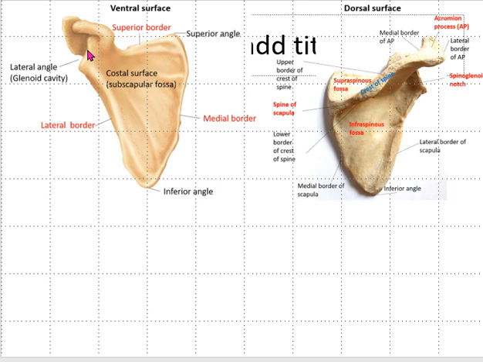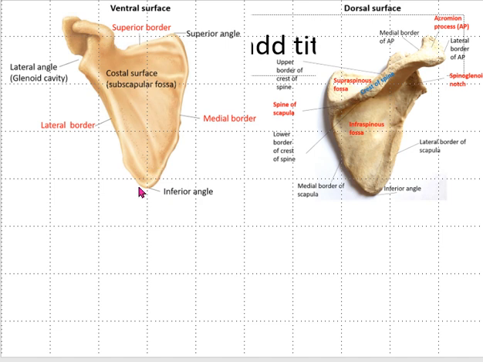It has three borders. The superior border is the thinnest border, and presents a suprascapular notch near the root of the coracoid process.